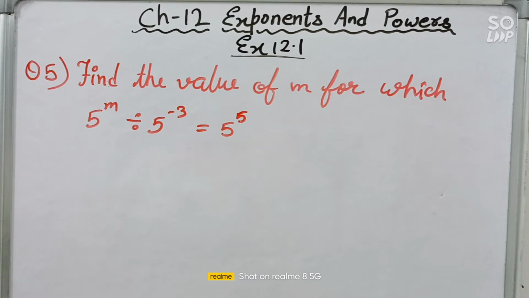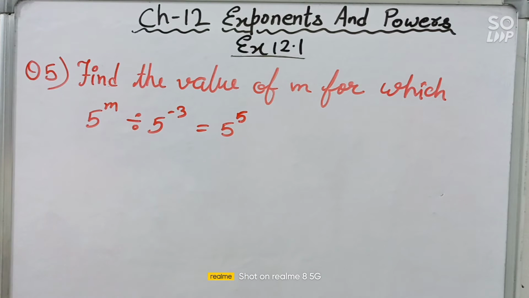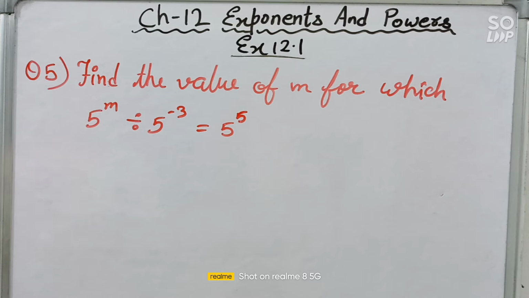Question number 5 says find the value of m for which 5 raised to the power m divided by 5 raised to the power minus 3 is equal to 5 raised to the power 5. So bases are same for all 3 terms. Exponents are different. We will apply law of exponents and then we will find out the value of m.